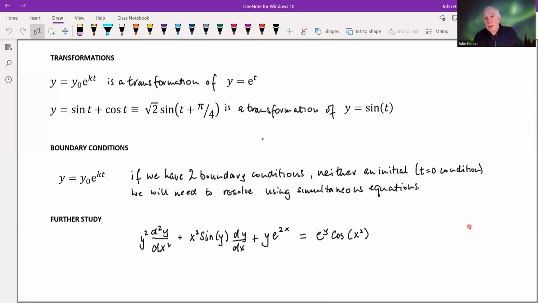The only other thing is, this video is called Further Differential Equations, but it's only further in the context of A-level maths. The field of differential equations is very large, and this, for instance, is a differential equation.